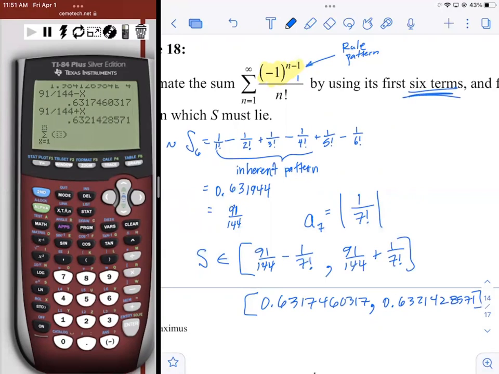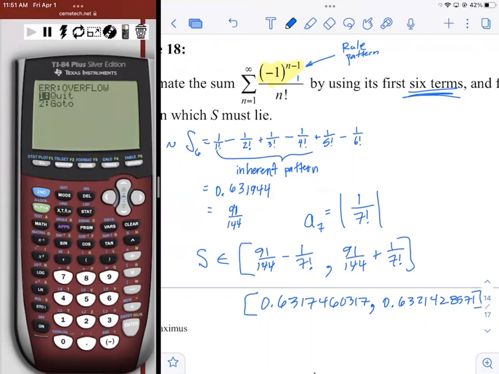Oh wait, we can't. So what's a big number? Let's try 100. Yeah, because it's factorial, it's going to grow fast, right? And then we'll type this in again. Alpha y equals. It might have been faster just to recall it from above, but what the heck? To the x minus 1th, all over x factorial, x math probability 4. And going out to 100 terms may take a while.